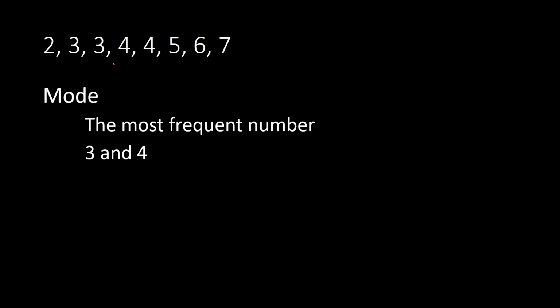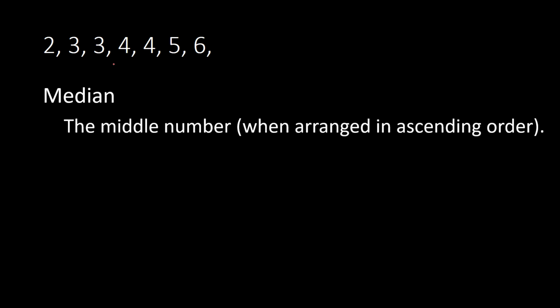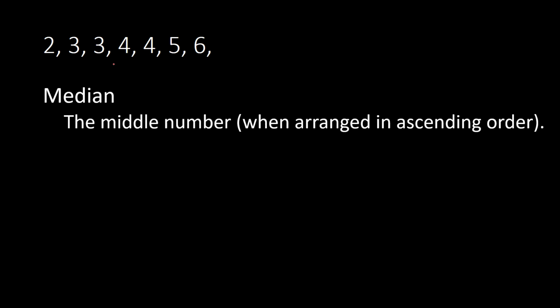So we've learned the mean, we've learned the mode, and the next one is called the median. The median, if you know your English words, simply means the middle. So it is the middle number when arranged in ascending order. Meaning once you have these numbers listed in order, so 2, 3, 3, 4, 4, 5, 6, it goes from smallest to biggest.